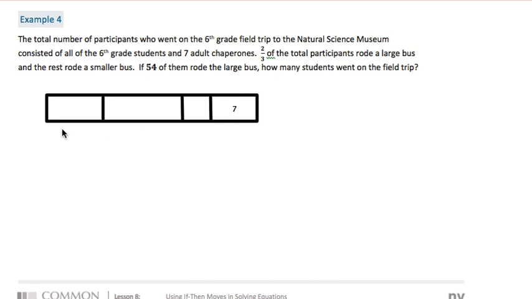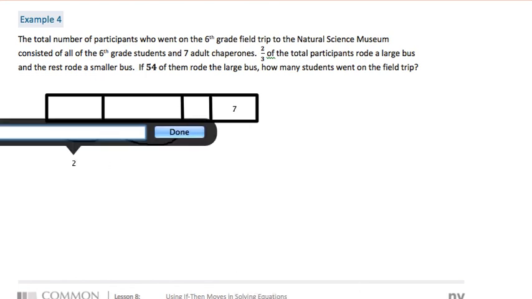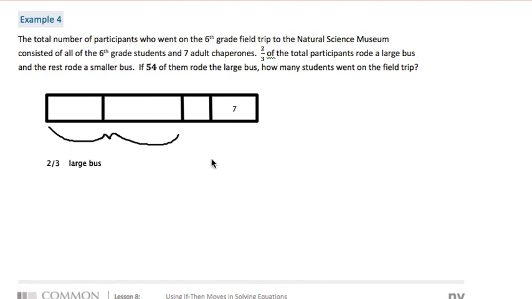And 2/3 of the total participants rode this large bus and the rest rode the smaller bus. And this is 2/3, which is the large bus. The rest is the small bus.